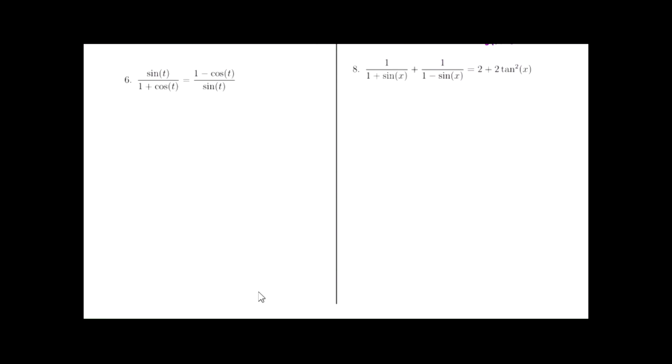Okay, so if we then move on to 6 and 8 here, let's do number 6 first. On this one, the side that you choose does not really matter. I think that there's more to do on the right-hand side because I can't split this fraction up, right?